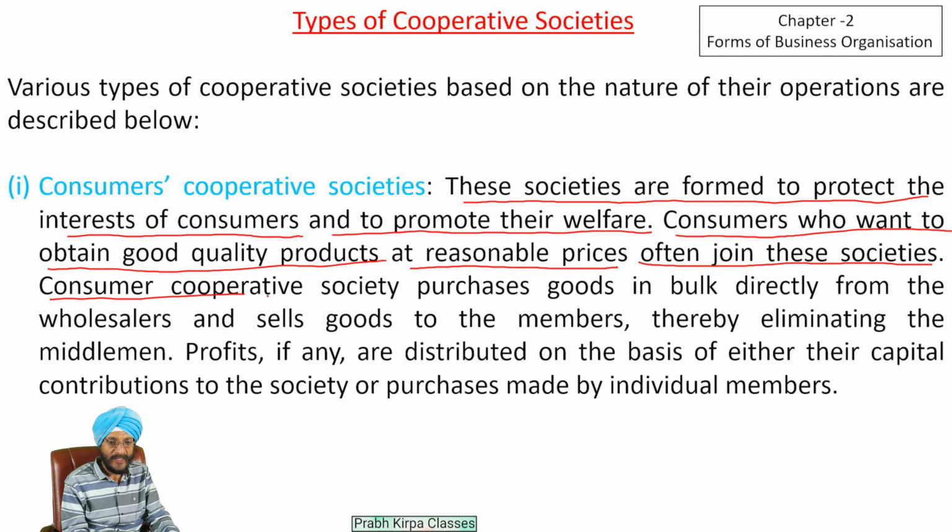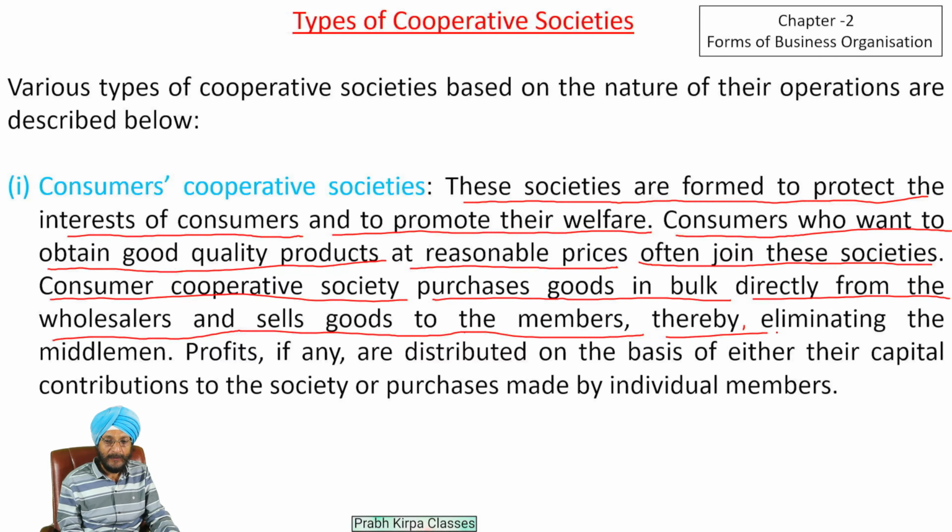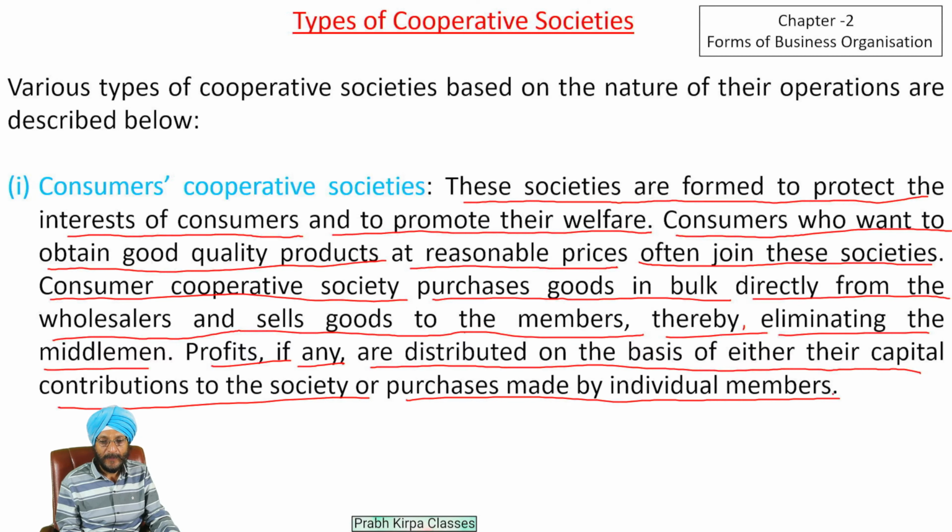A consumer cooperative society purchases goods in bulk directly from the wholesalers and sells goods to the members, thereby eliminating the middleman. Profits, if any, are distributed on the basis of either their capital contributions to the society or purchases made by individual members.